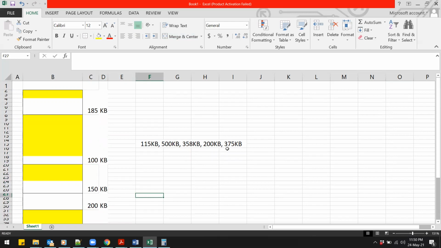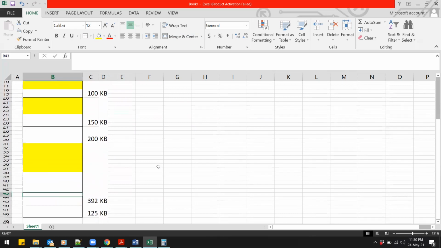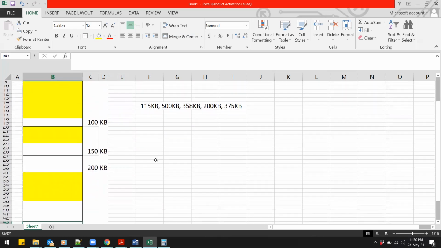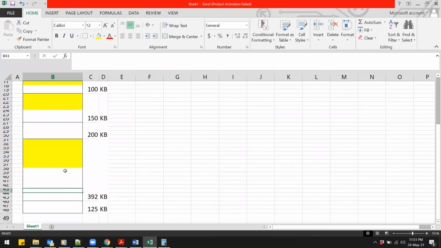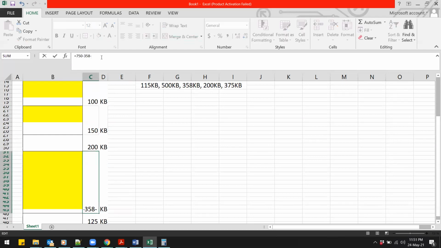Then finally, the last one is 375. So 375 can fit in this 392. We'll put that 375 in the 392 KB segment. So that goes here, and from this 392, we are left with 17 KB.